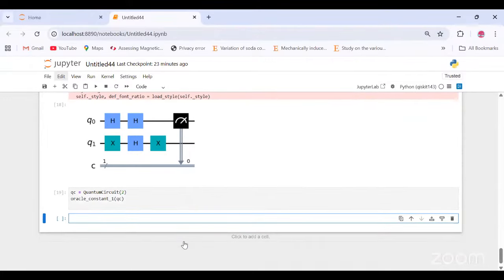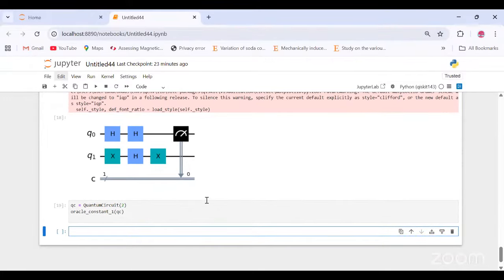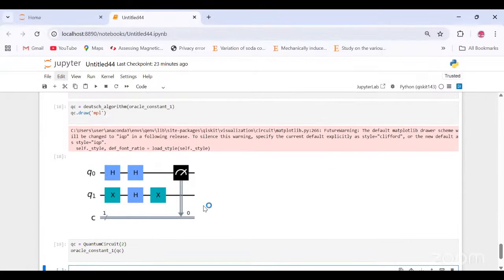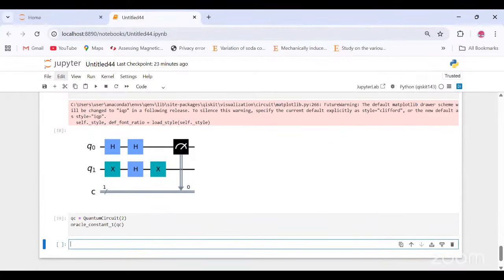Yes. So it's a circuit for the algorithm, the Deutsch algorithm. So the Hadamard gate we are applying here, and there is an X oracle we are applying here. And one minute. Let me.